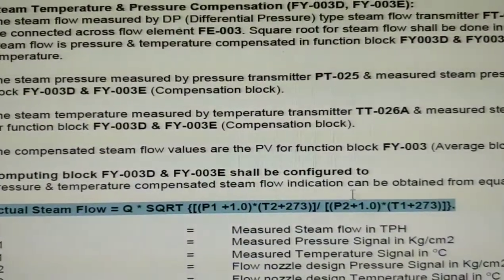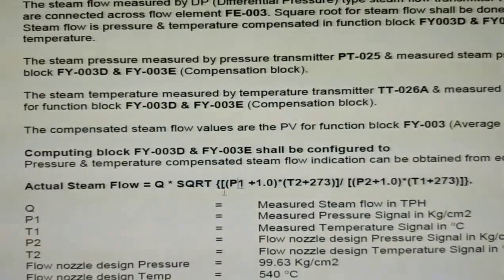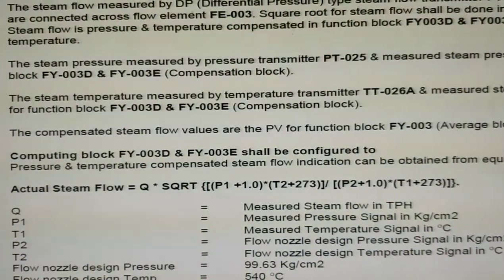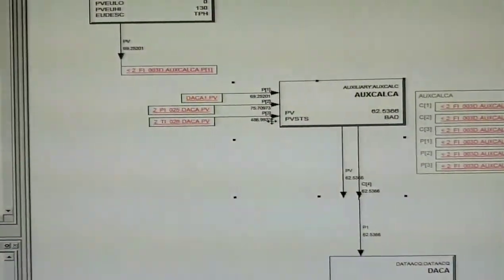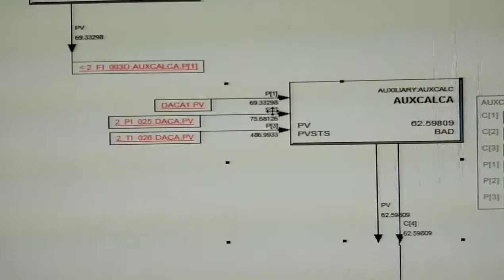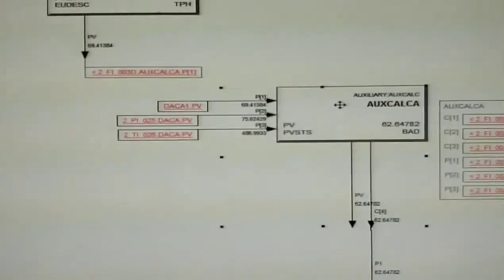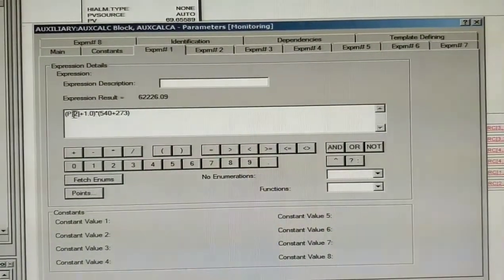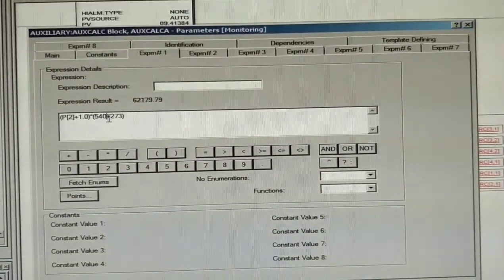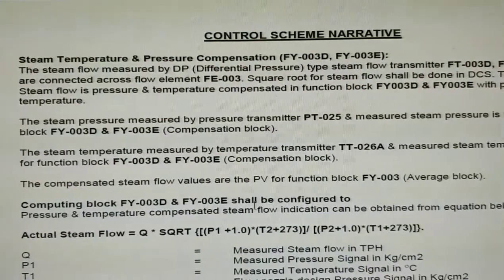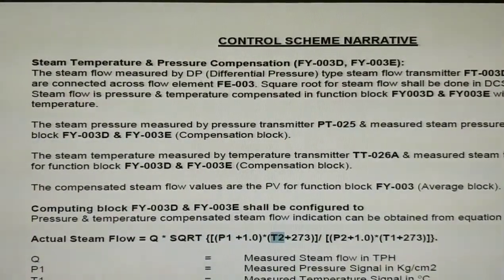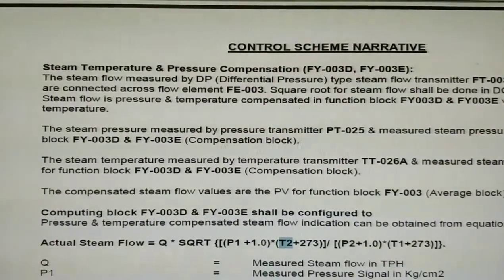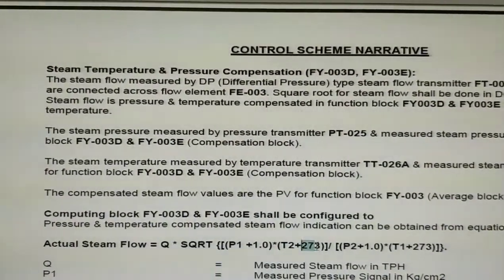P1 is live pressure, so it has been connected at pin number 2. Live pressure plus 1 multiplied by T2, where T2 is the 540 design temperature plus 273.